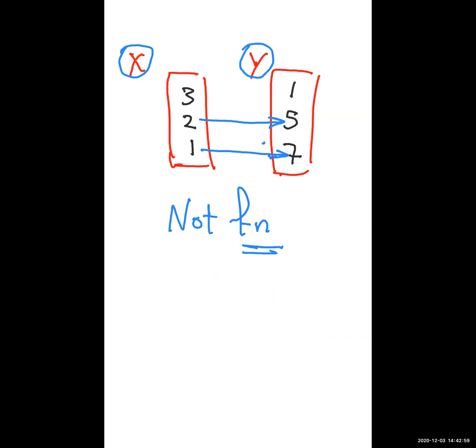Not a function because 3 didn't appear as first projection, or there is no arrow going out from element 3. Okay, if it's like this, one arrow to 1 from 3 to 1 and one more arrow from 1 to 5. Now this one is a function or not?